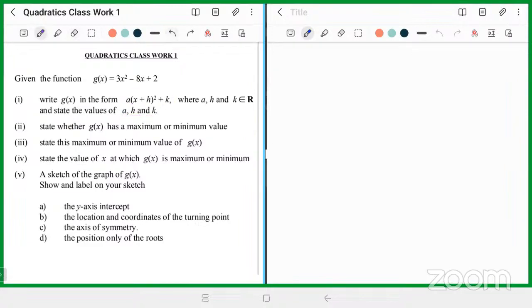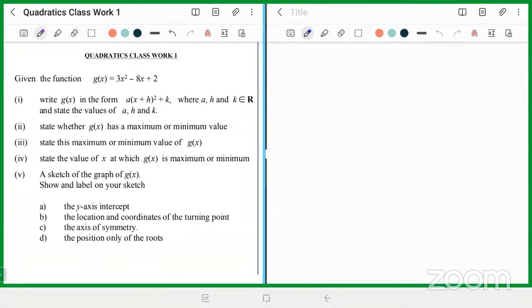Remember that because CSEC tend to change the way they represent this all the time, what we use is a standard, unique way that allows us to rid ourselves of any ambiguity. We understand everything that we're writing.